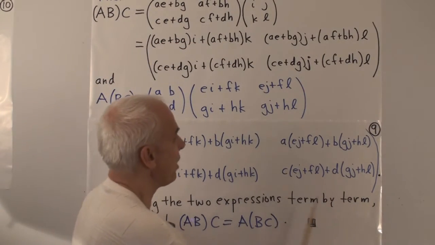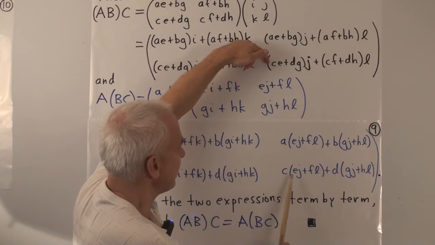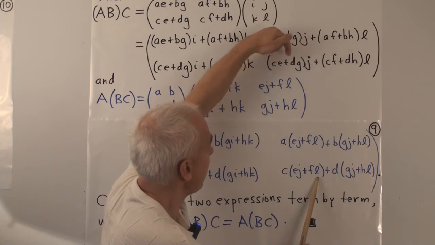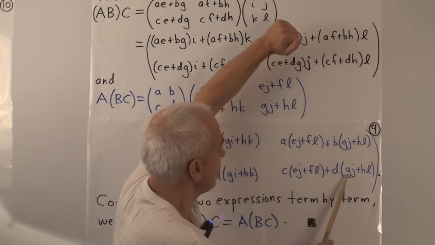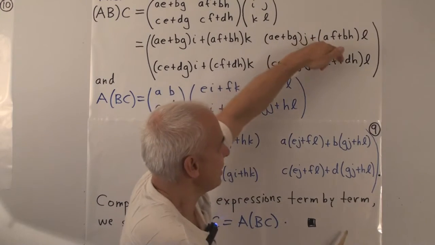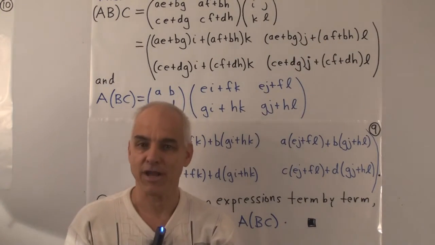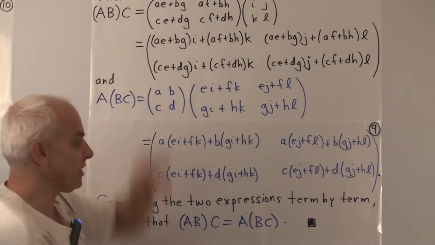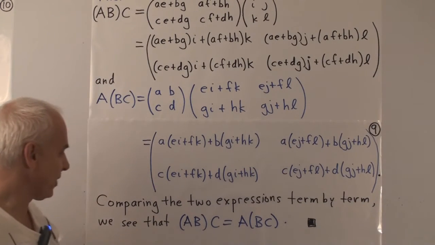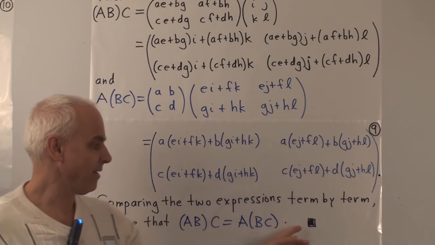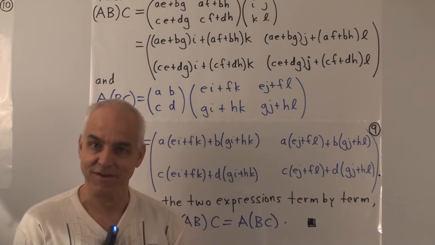And finally, this bottom entry here on the right: CEJ down here and CEJ up here, CFL and CFL, DGJ, DGJ, and DHL, DHL. Our careful bookkeeping has paid off. We can see that these two matrices are exactly the same. So we conclude that AB times C equals A times BC. It's a bit of magic, isn't it?